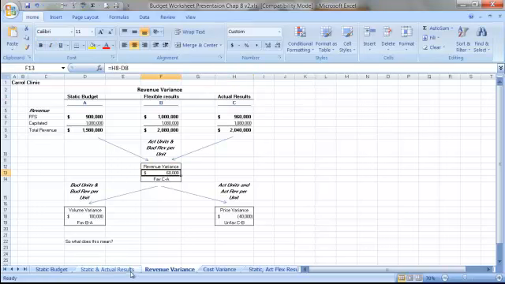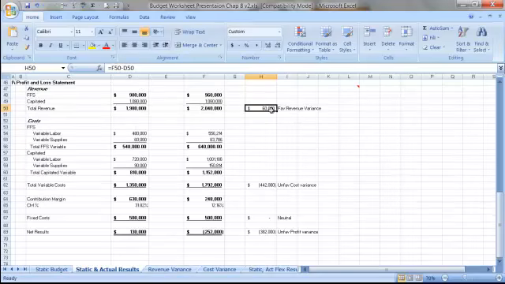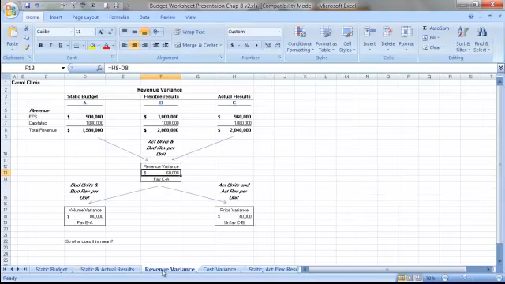That's the same as this one. I just went back to one sheet, and we're really just drilling down into the revenue variance. Now, here's the interesting thing. The reason we have the flexible budget is that it helps us tell how much of this positive variance came about because we had more volume, and how much came about because the price we were able to get for air services was different from our budget.